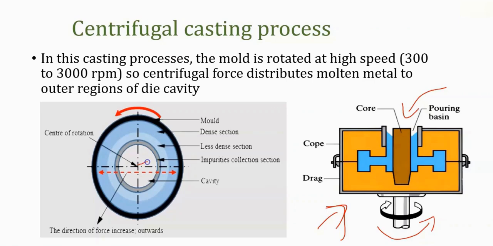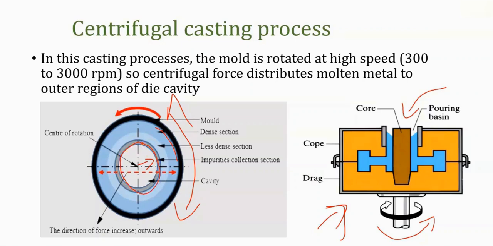This centrifugal force will drag the molten material towards the inner surface of the mold, so that the higher density material will stick over the inner surface, and lower density material or impurities will be formed on the inner surface of the casting.